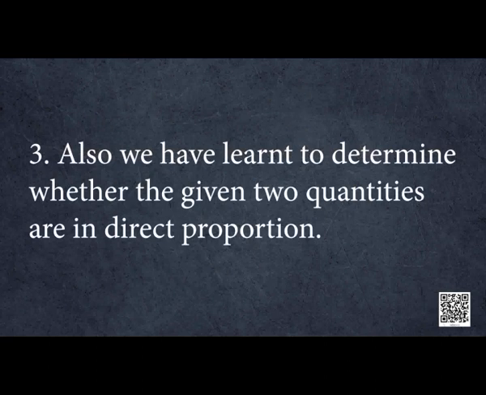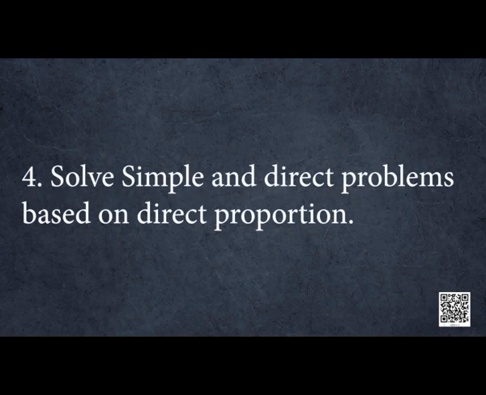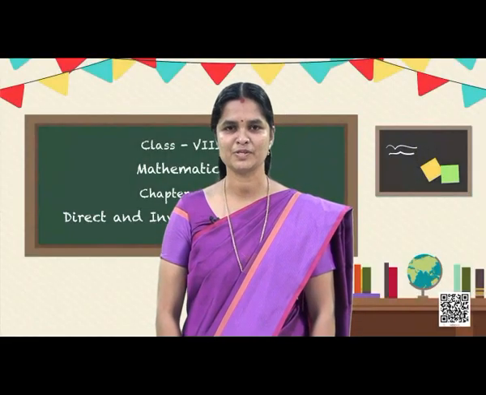Also, we have learnt to determine whether two given quantities are in direct proportion, and we have solved some simple problems based on direct proportion. Now, try to solve these problems on your own.